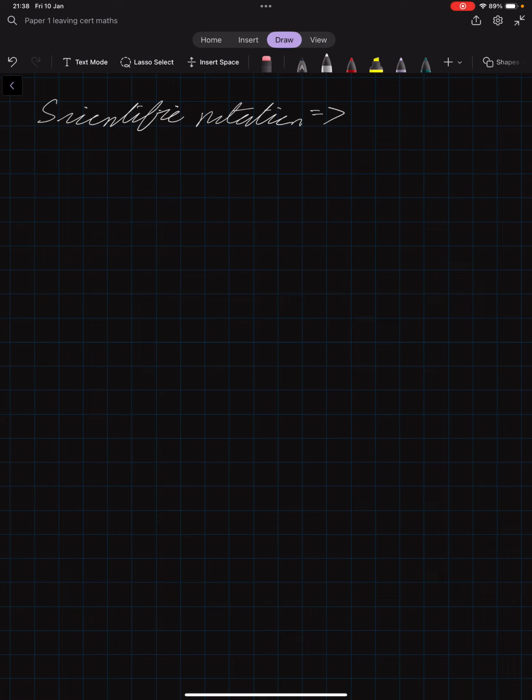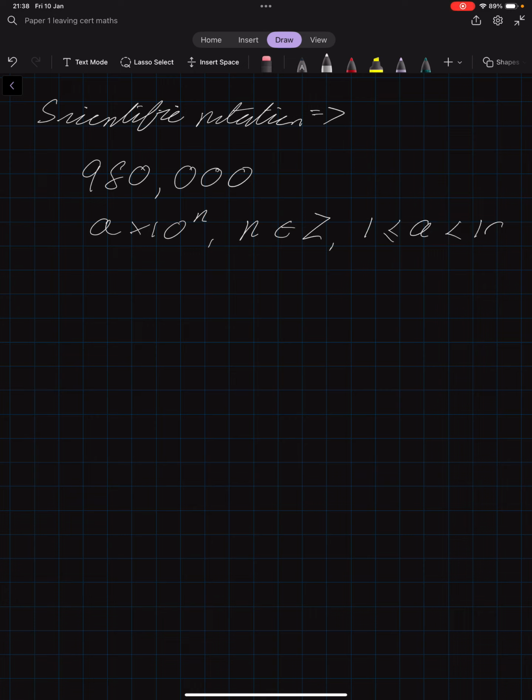So, the idea is, let's say you have this, and you want to write this in the form of A times 10 to the n, where n is an element of Z, and A is less than 10.